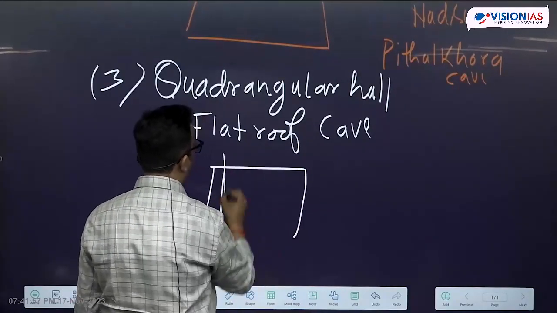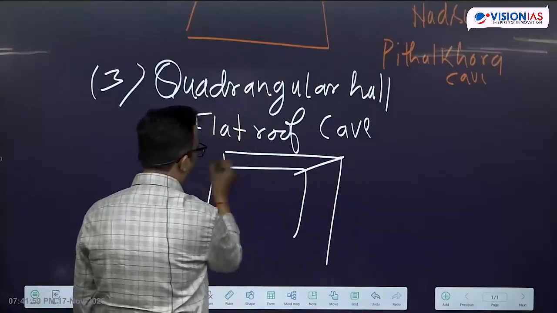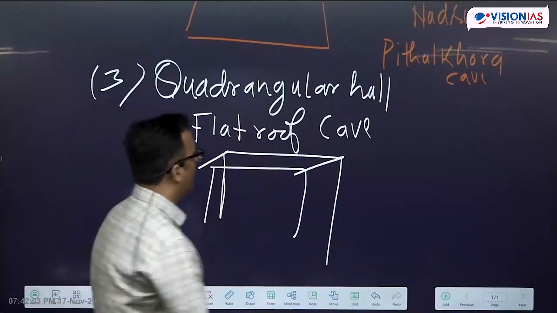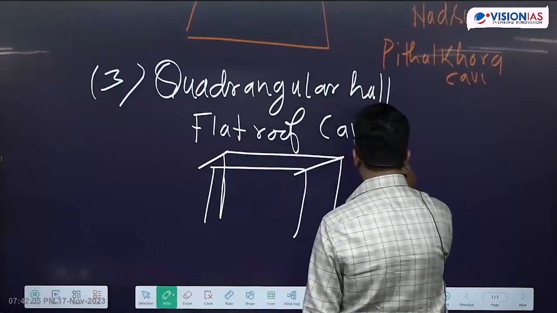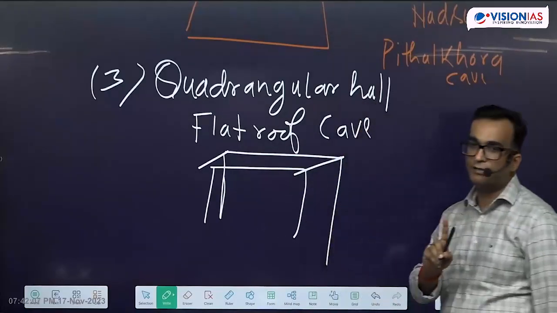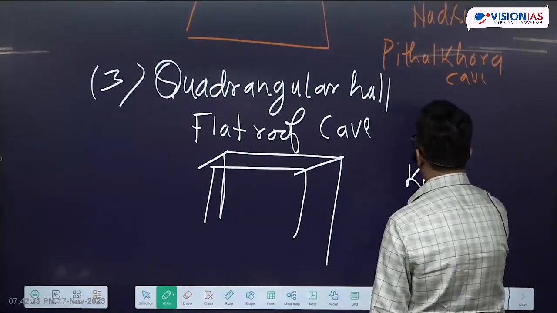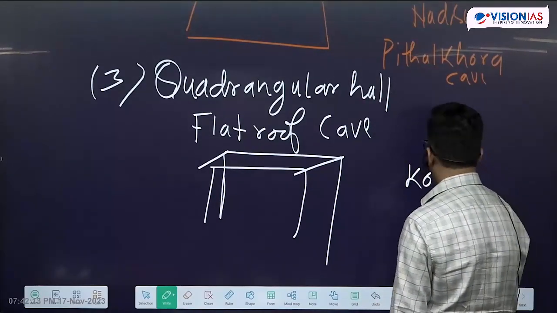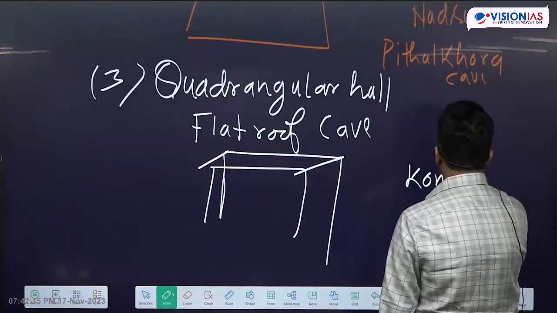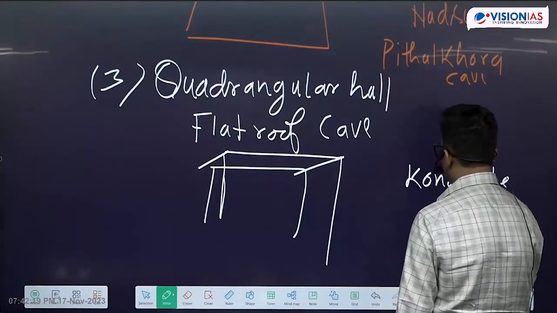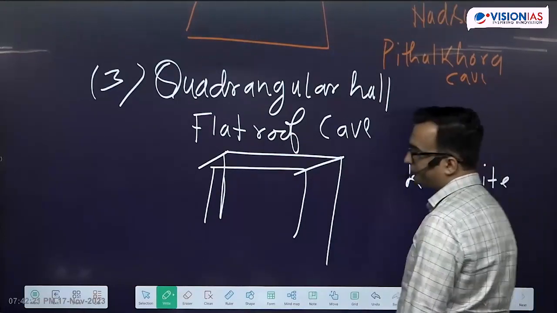So four walls and a flat roof. Only one cave is the example of this type, and that cave is known as Kondivite cave. This is also in Maharashtra.